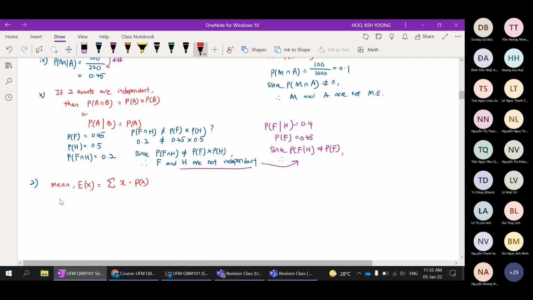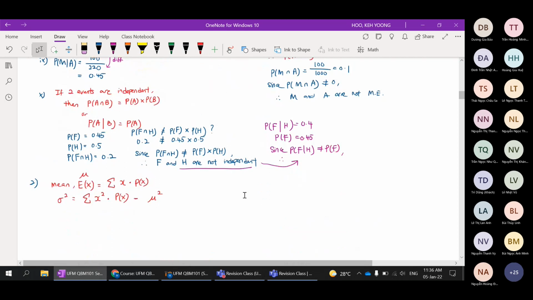Whereas the variance is the total of x squared times the probability, minus the mean squared. The mean we also write with the symbol mu, something like a U. So these are the formulas to use here.